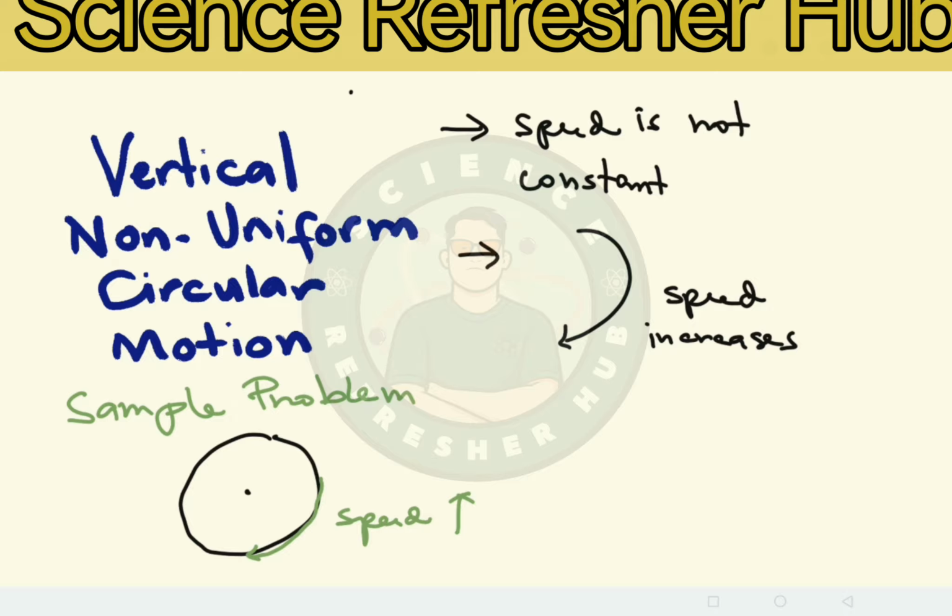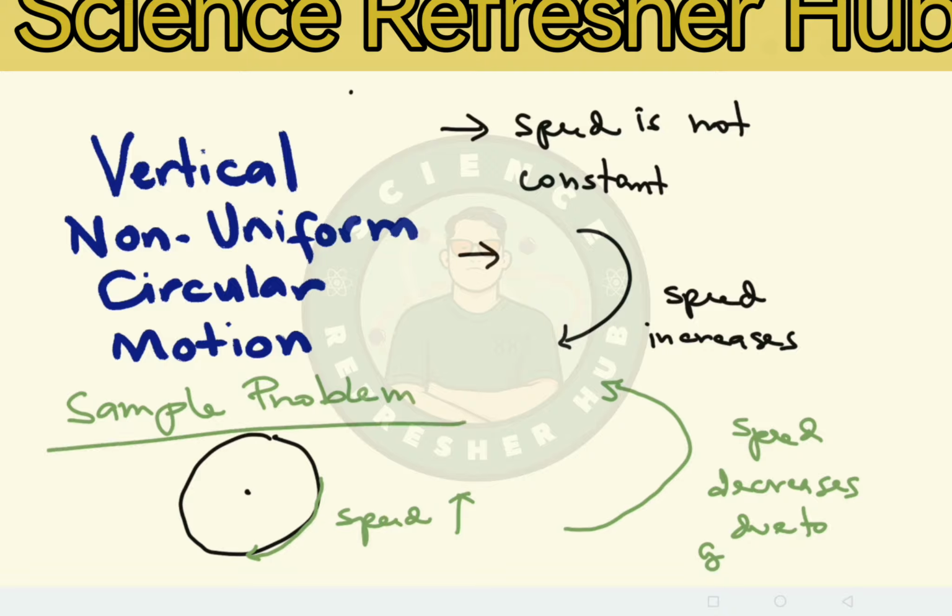On the other hand, if the object is going up in our non-uniform circular motion, the speed decreases due to gravity. I guess these are the things that we need to know in discussing vertical non-uniform circular motion. But we will focus on one problem that we will be discussing now.